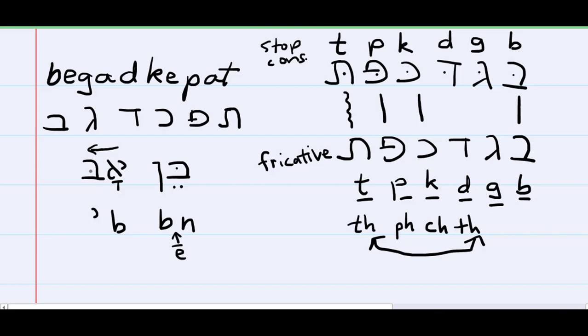And notice here, this bet is lacking the dagesh dot, so that means minus dot in Hebrew means plus line in English. Plus line. And then, of course, this is an A vowel, so if I were to write my vowel, it would be up there. We'll get to vowels in the next chapter. But those are your begadkepat letters.